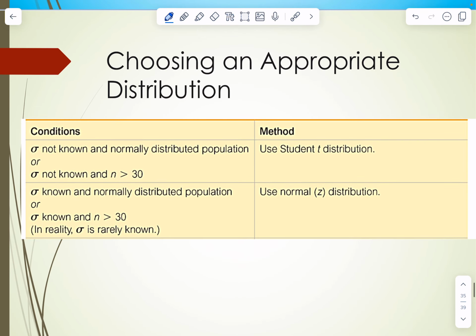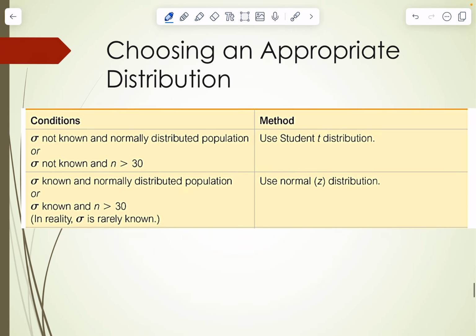Okay, choosing an appropriate distribution. If sigma is not known and the population is normally distributed, then use a student t. Or if it's not known and n is greater than 30, then you can use student t.